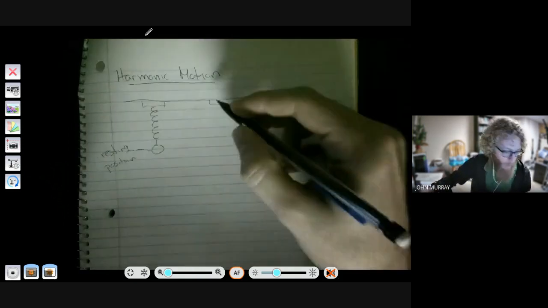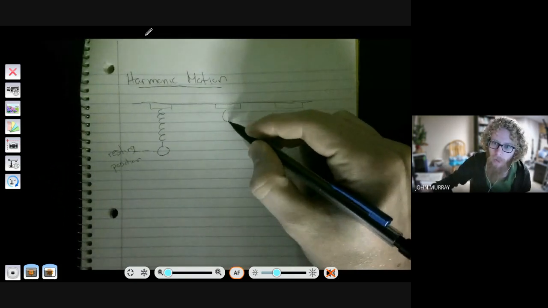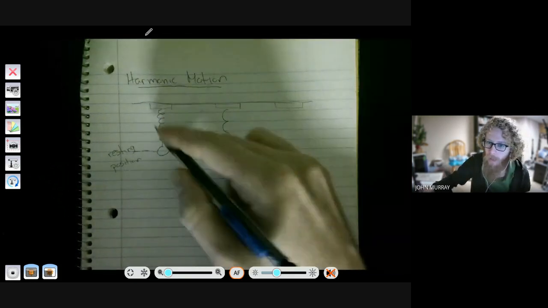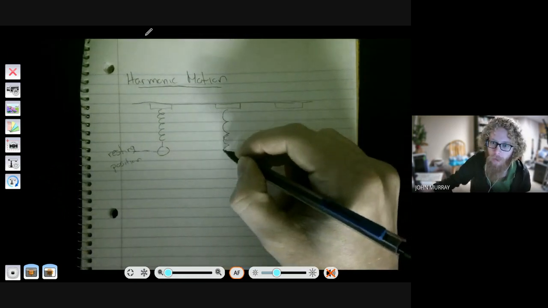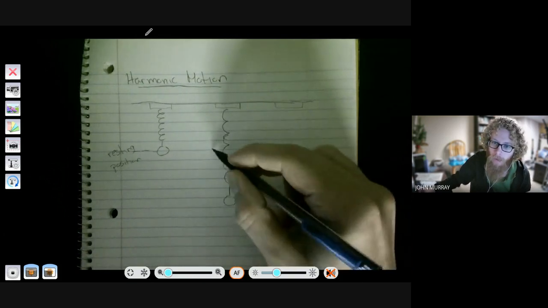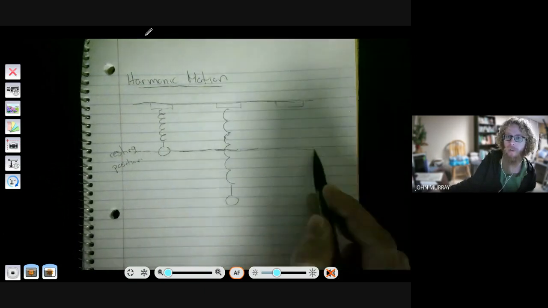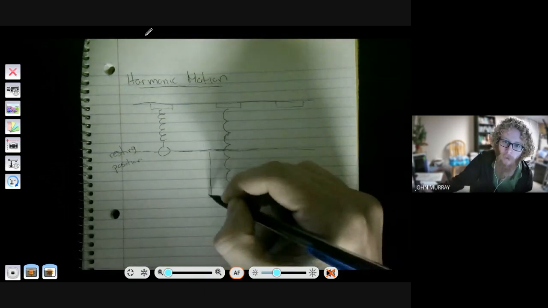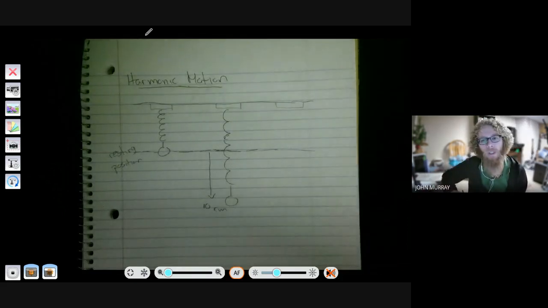You let it settle. Then you pull it down, maybe you pull it down 10 centimeters. I'm not going to draw the whole spring, but the spring gets stretched out. So here's our resting position. I'll put this line here for reference. So I pull it down 10 centimeters.